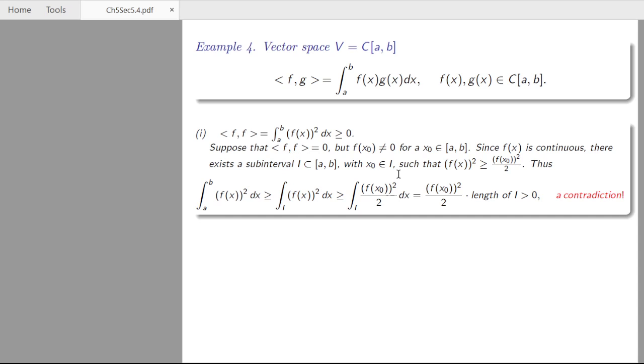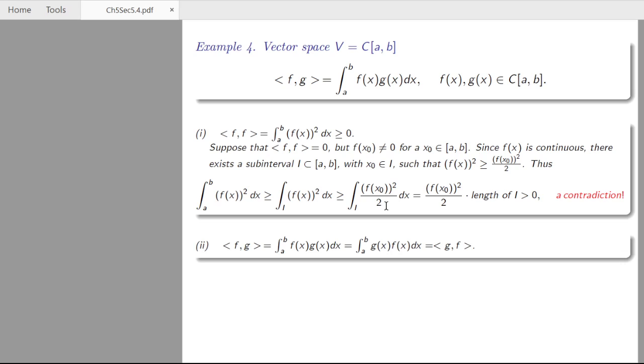So you see, checking the "if and only if" part in the first property is relatively involved.